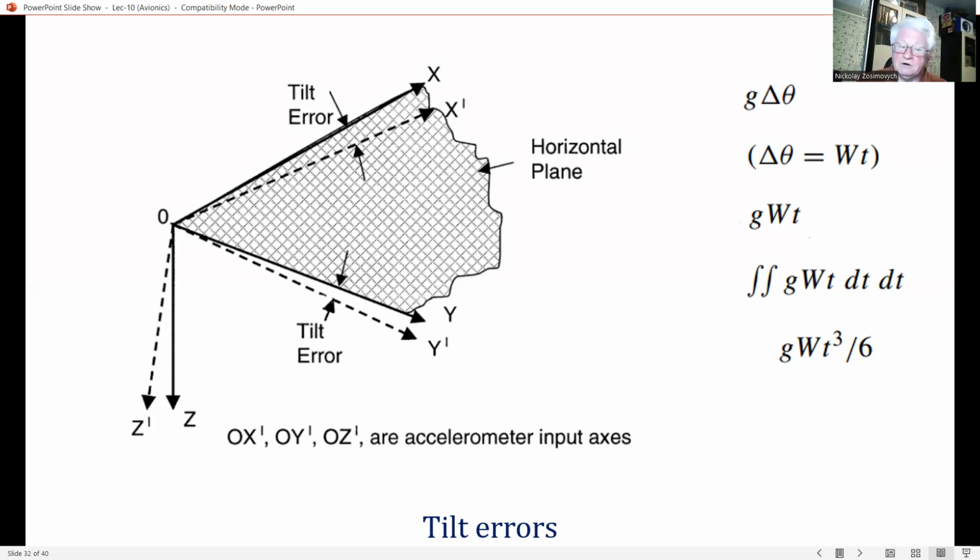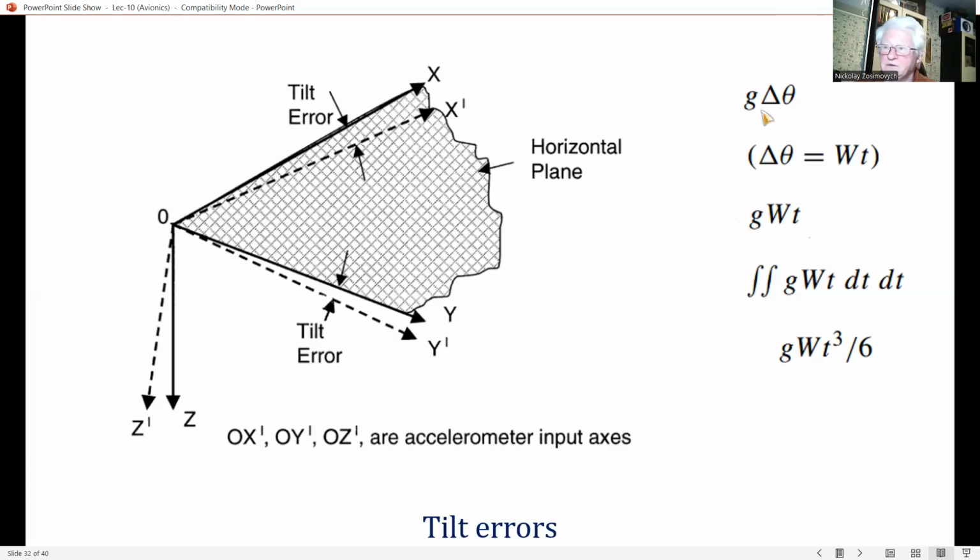A tilt error, namely delta theta, produces a gravitational error equal to g times delta theta.